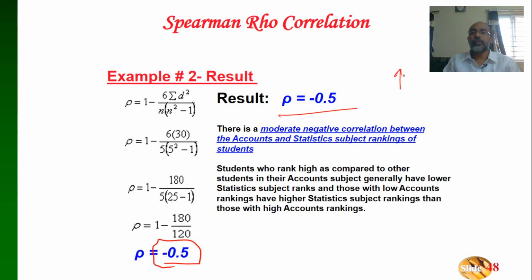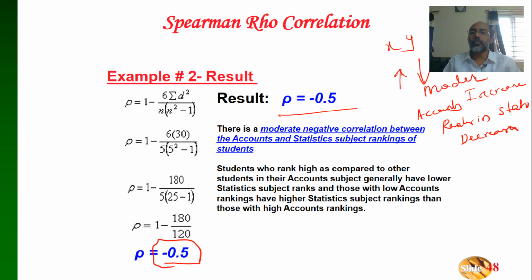The negative correlation says that if x is increasing, y decreases. So here we can say that if ranks in accounts increase, then ranks in stats decrease. But to what extent? Moderately, because it is 50% negative.